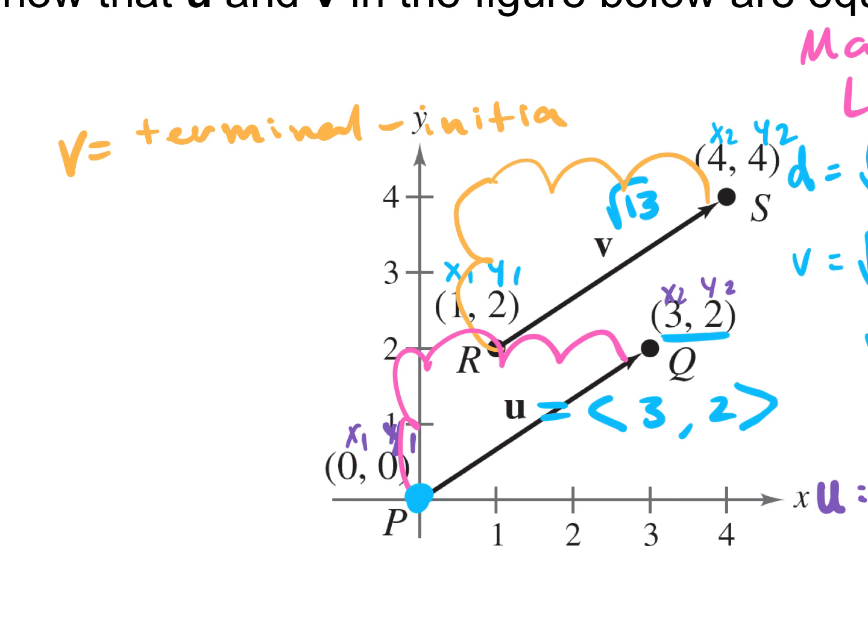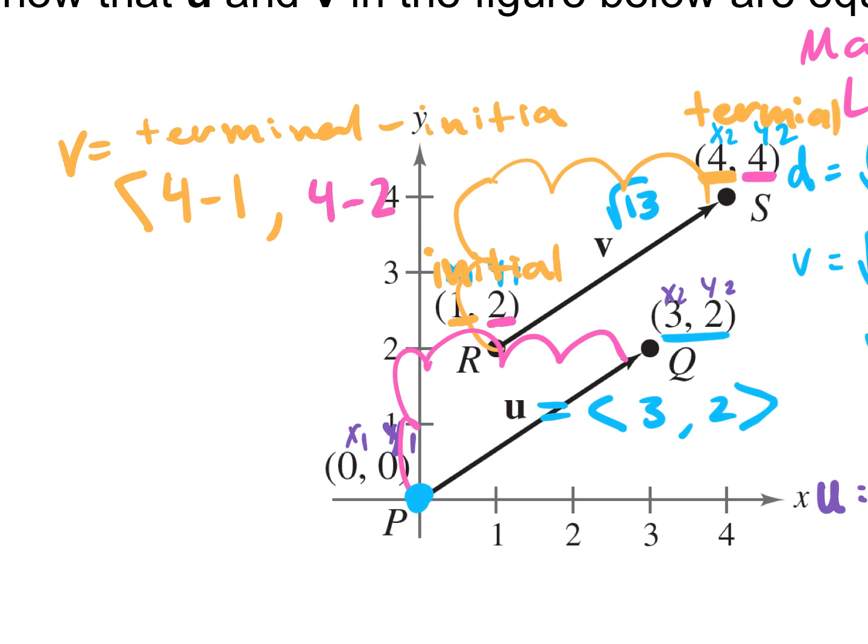Oops, this is our initial, sorry. This is our initial. This one's our terminal because this is where we end. So it's always the first number with the first number. For my component form, it would be 4 minus 1. And then terminal minus initial for the second value would be 4 minus 2. So my component form here would be 3, 2 with the brackets.